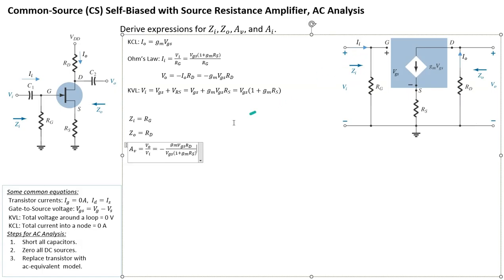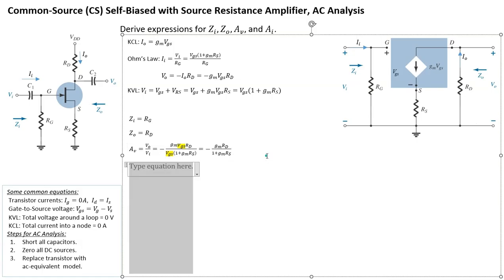Obviously VGS cancels out, top and bottom. So what's left is negative GMRD divided by 1 plus GMRS. That's our expression for the voltage gain.